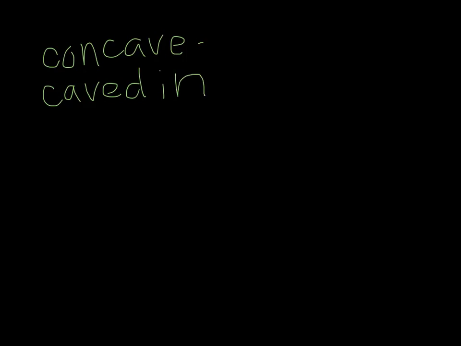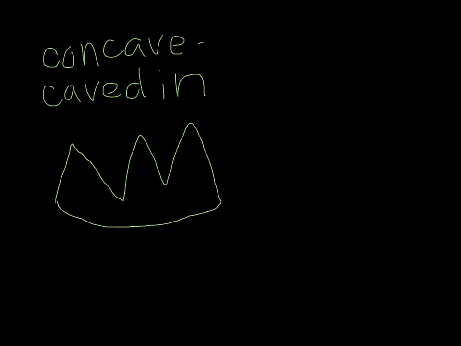So if we have a shape that looks like maybe a crown a princess would wear, or a king, it just shows that it is caved in, or that word means that that shape is caved in. That could be a concave polygon, because it's still a closed shape. And actually, I have to make that a straight line, but it would work, and it would be a concave polygon.